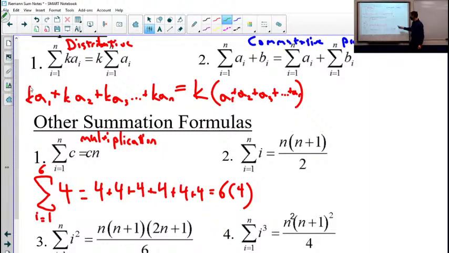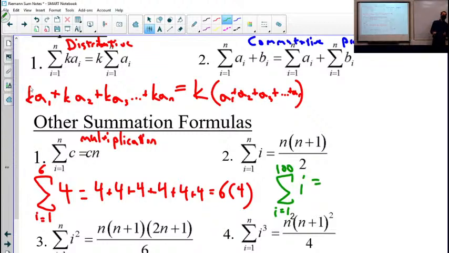The sum from i equals 1 to n of i. So let's say we have the sum, let's use a number for n. Let's say 100 of i.